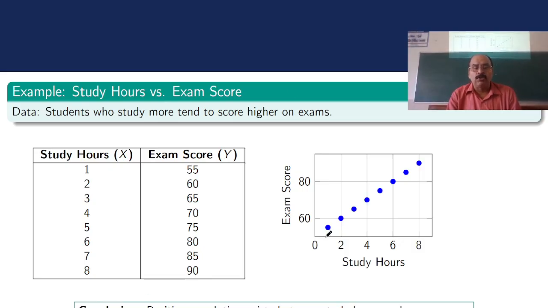I've shown you the graph also. You can see that the graph indicates that when x is increasing, y is also gradually increasing. 8 hours you study, you are able to score 90 marks. As you decrease the study hours, your marks are proportionately decreasing.